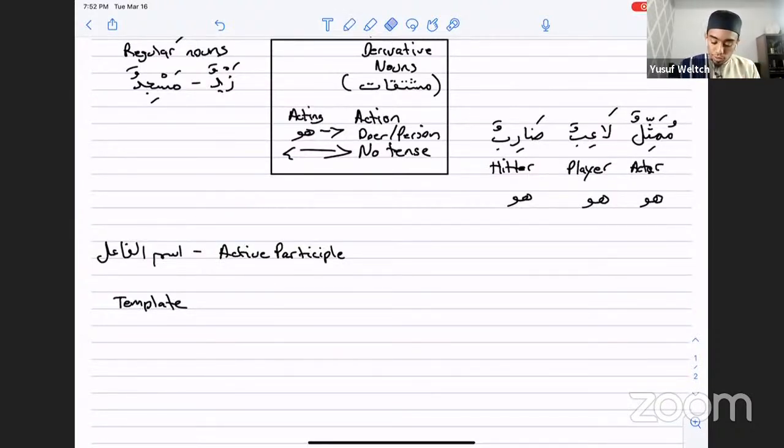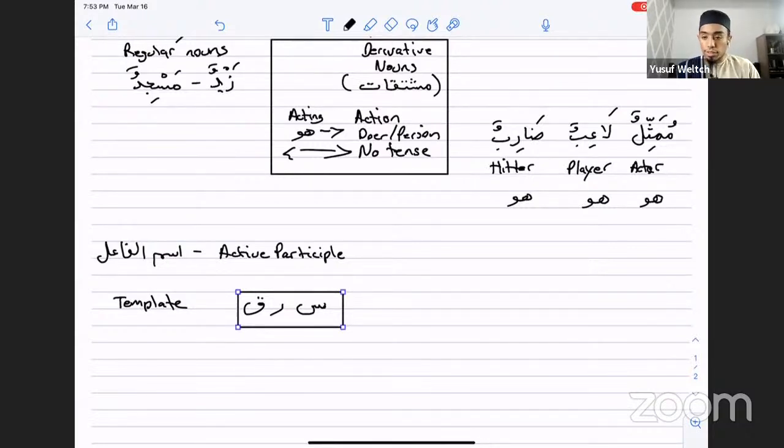So if your root letters were, for instance, sin, ra, and qa. Does anyone know what sariqa means? It's a tough question, actually. It's mentioned in the Qur'an: as-sariqu was-sariqatu.